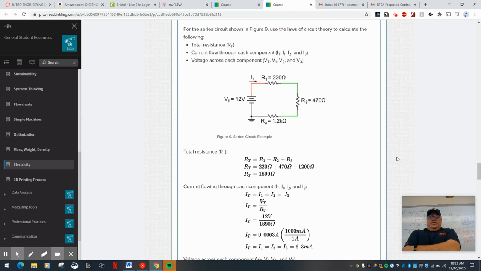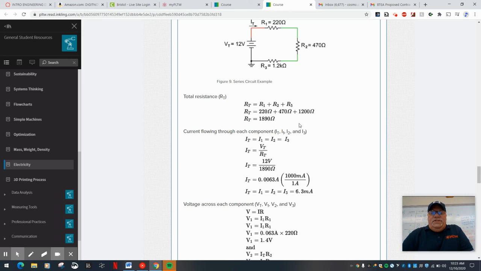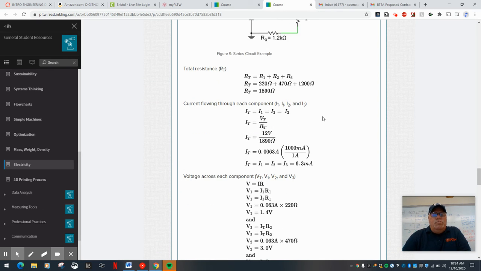R1 is 220 ohms, R2 is 470 ohms, and R3 is 1.2 kilo ohms or 1200 ohms. Don't let that confuse you. So now our total resistance, we add those up and we come up with a total resistance of 1,890 ohms.